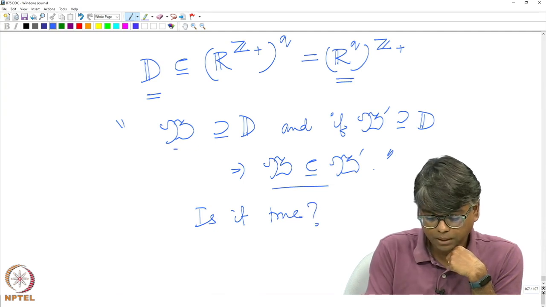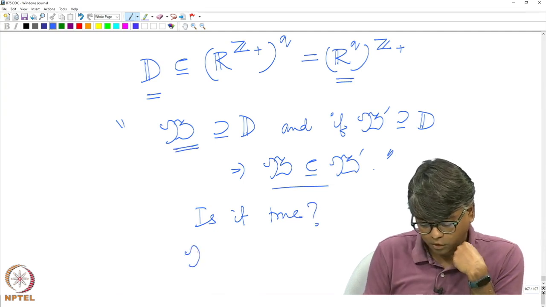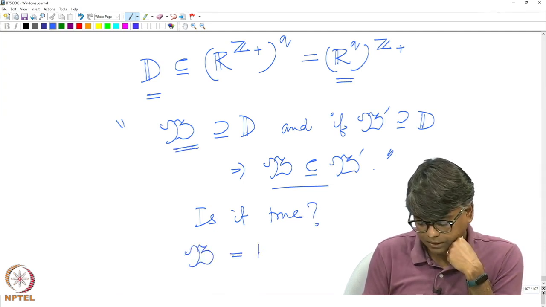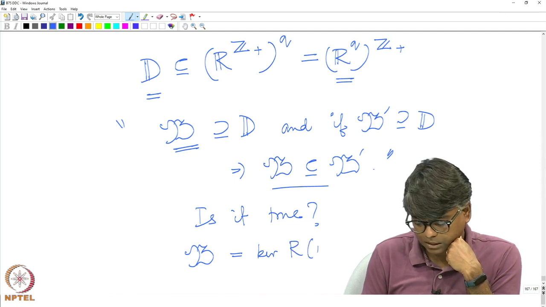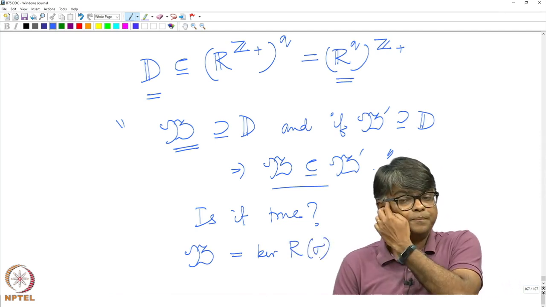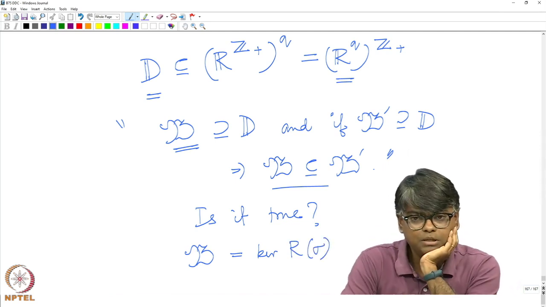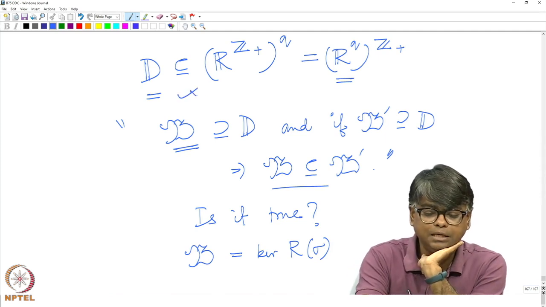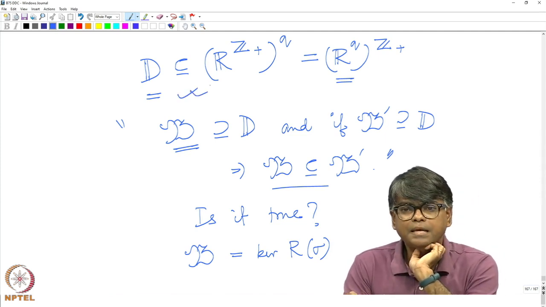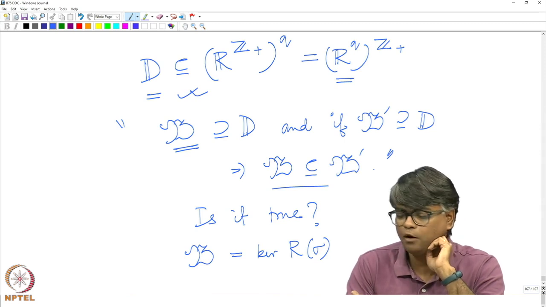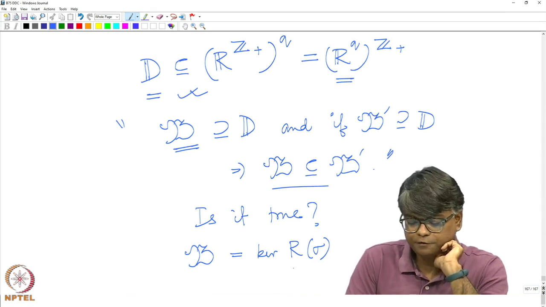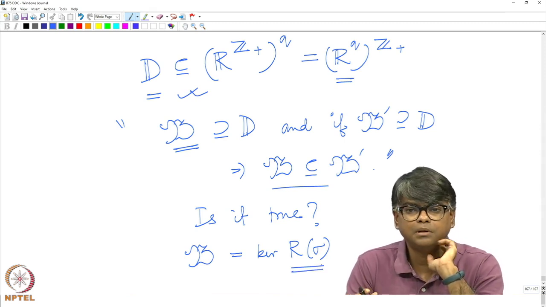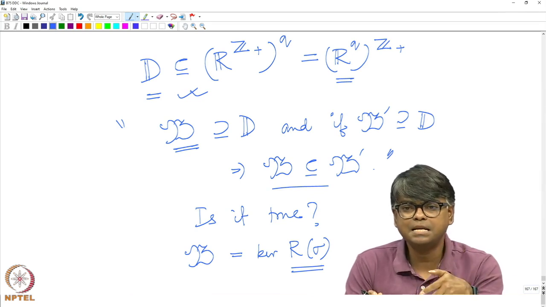Remember, what do we mean by B, B prime and so on? All these B's are given by kernel representations of polynomial matrices. So, in a way what we are asking is that given a collection of trajectories, is it always possible to find a system of difference equations that explains the data?